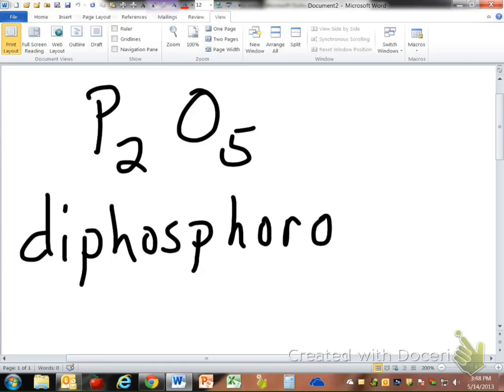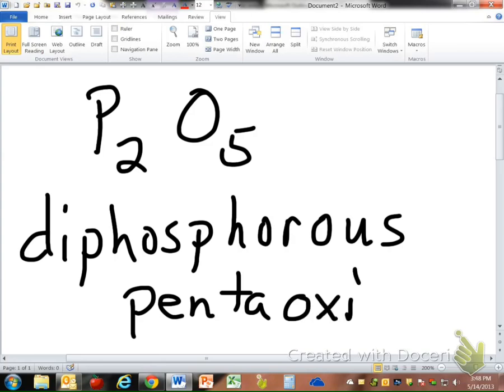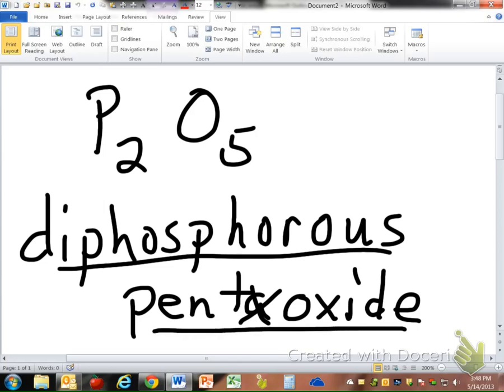It actually takes longer to write these out than it does to figure out what to do. And the prefix for five oxygens is penta. So I would simply write pentaoxide. Well, we normally don't run an O and an A together, so I'll just take off the A, and I can call it diphosphorus pentoxide, P2O5.